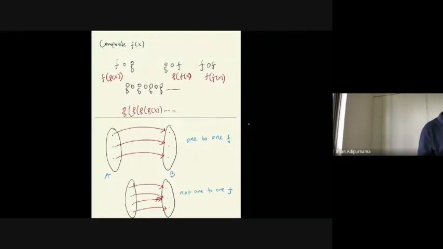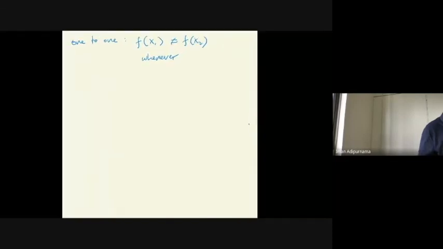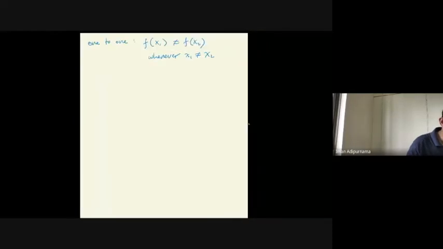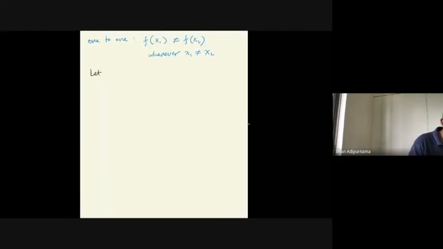For 1-to-1 functions, if you have different x, the outputs will be different. Okay, why are 1-to-1 functions important? Let me write, let f.